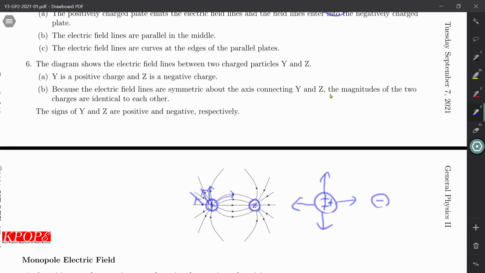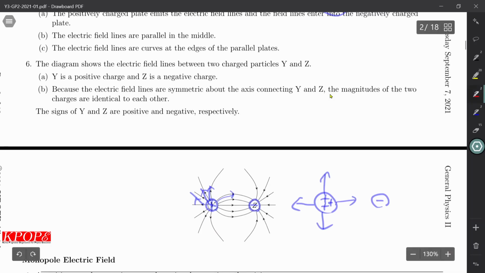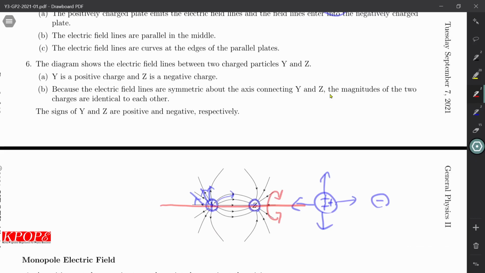I mean, according to the rotational symmetry about this axis, this part, this part, this part, this part, the electric fields are the same.